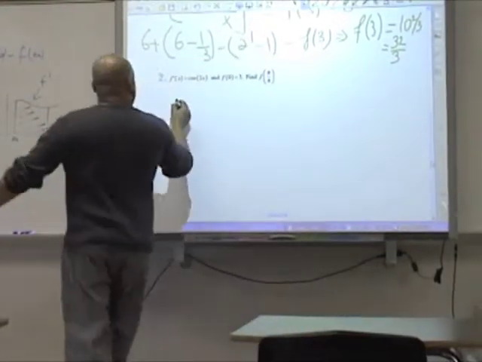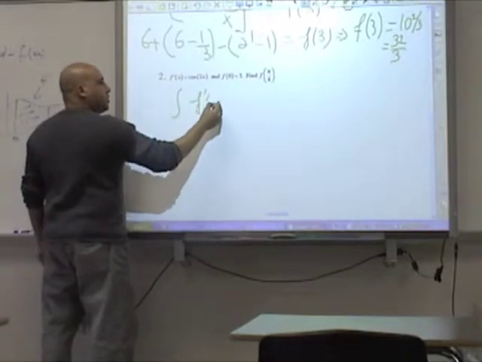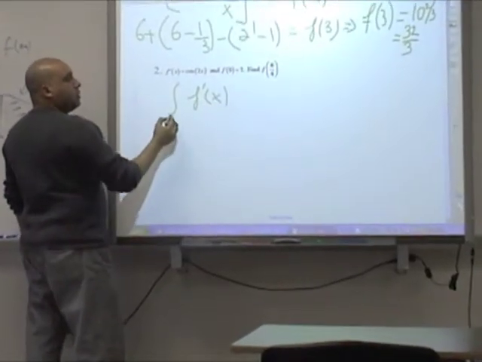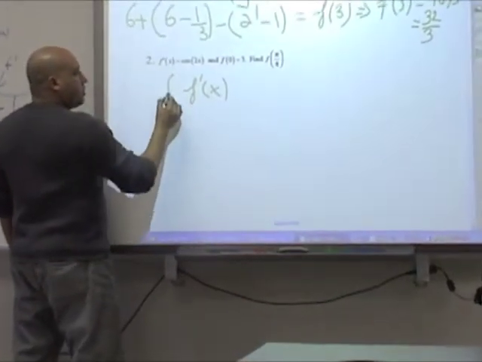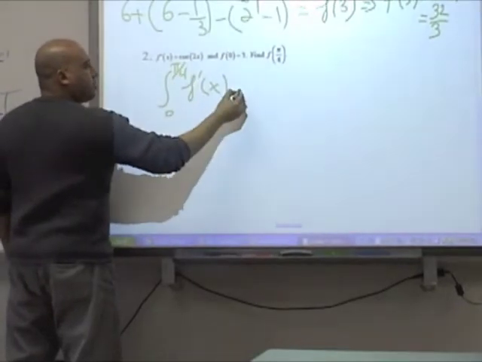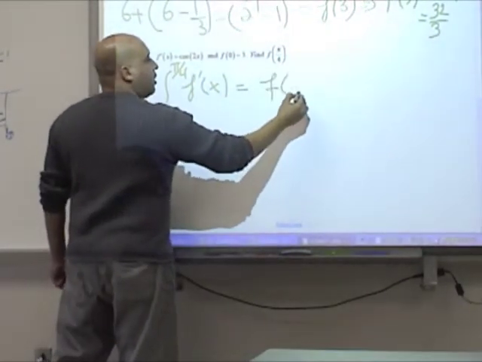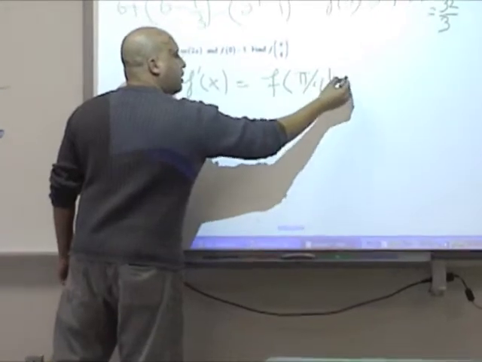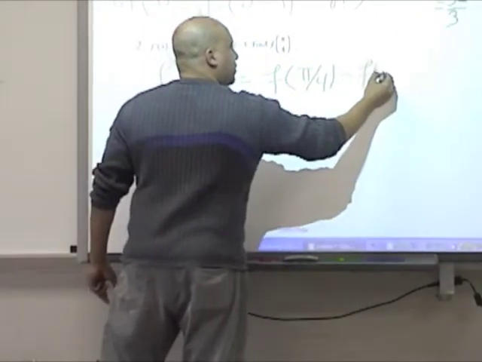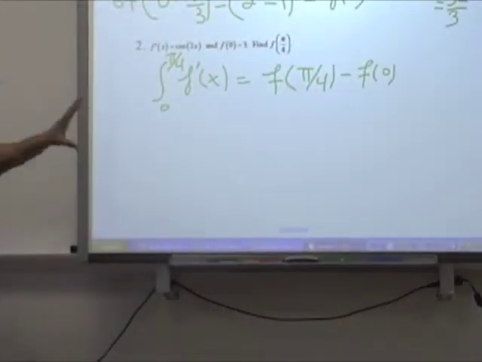So if I integrate the derivative function from 0 to pi over 4, that should give me f of pi over 4 minus f of 0. That's exactly applying the definition of the fundamental theorem of calculus.